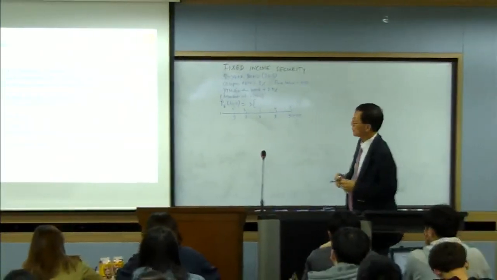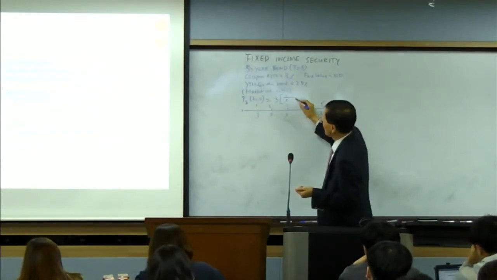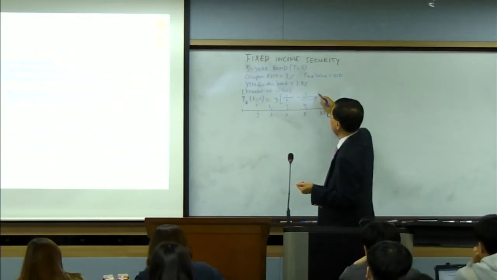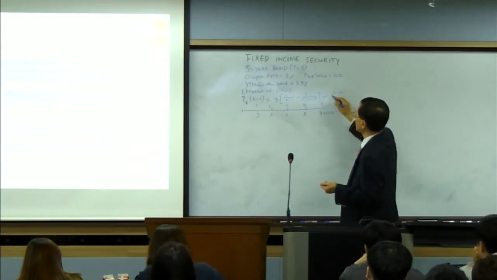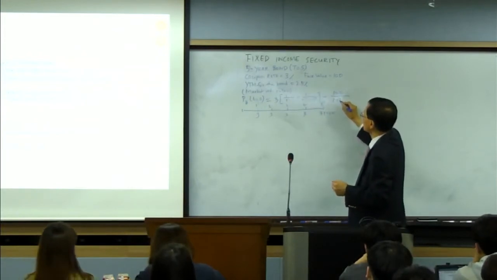Then price of this bond is $3 times the present value annuity factor, fifth power, plus 100 divided by, we already have yield to maturity, 1.025 to the fifth power.